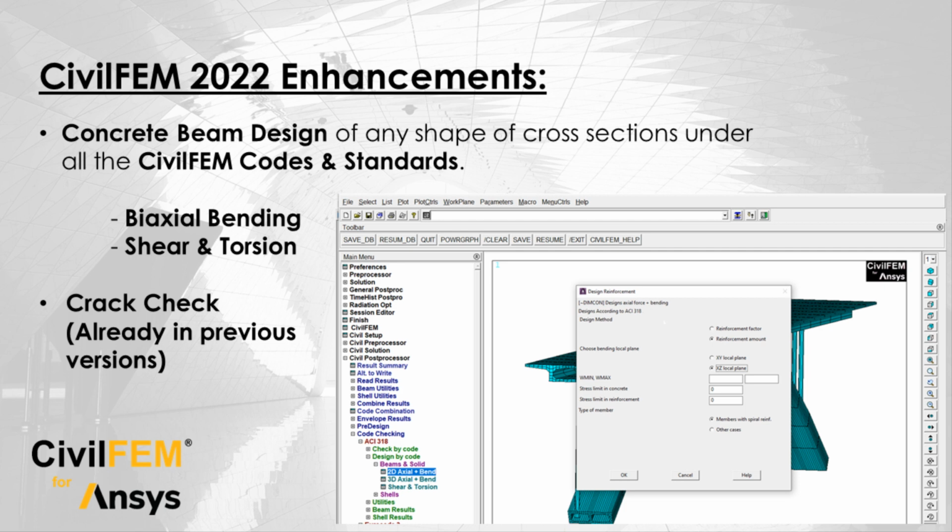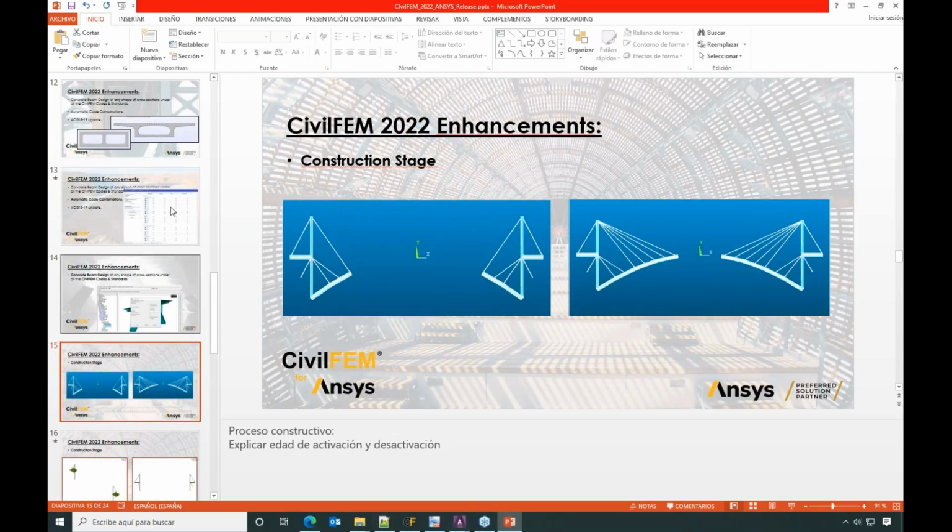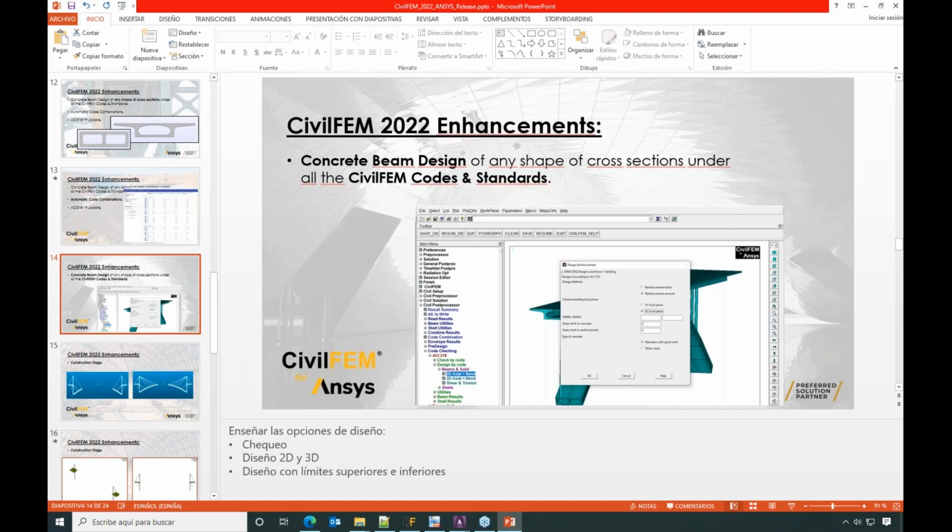So in this case, for code checking and design, we have both options, checking and design. And you have access through the menu here at the post-processing. You will have here the active code from Concrete, and you can check or design. For checking, CivilFEM analyzes the reinforcement amount you have and gives you a safety factor, if that is okay or not okay.